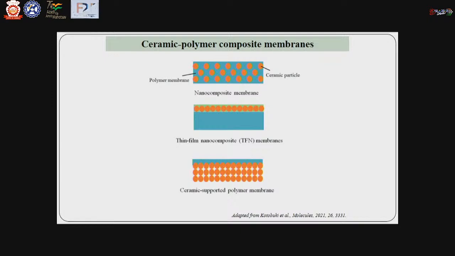The third type is the ceramic supported polymeric composite membrane, where the active layer is polymeric material and the substrate is a robust ceramic substrate. In the present work, we are going to focus on this third type, the ceramic supported polymeric composite membrane.